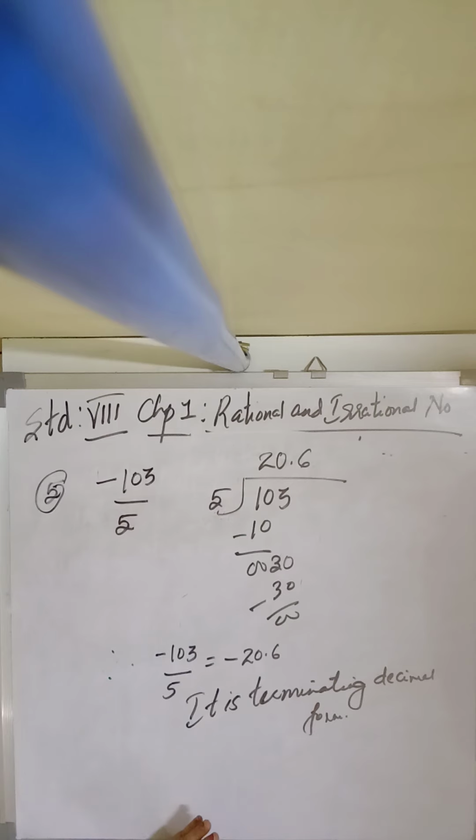So in the next maths period, children, please keep your geometrical box near, because we will require your compass, scale, ruler, pencil, everything. That is why I am holding this topic today. In the next video, I think on Monday when the maths period is there, that day we will complete irrational numbers and how to draw them on the number line. So keep your geometrical box ready.